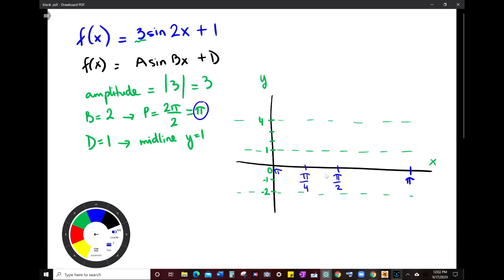If you don't want to do extra calculation on pi and pi over 2, add up and divide by 2, then you can count by pi over 4 for each increment. So 0 pi, pi over 4, this is 2 pi over 4, and because you reduce it, that's why it goes back to pi over 2. And then next one is 3 pi over 4, and pi will be 4 pi over 4, and we reduce to get pi. Okay, so hopefully it helped you understand why I jumped from pi over 4, pi over 2, 3 pi over 4, and pi.